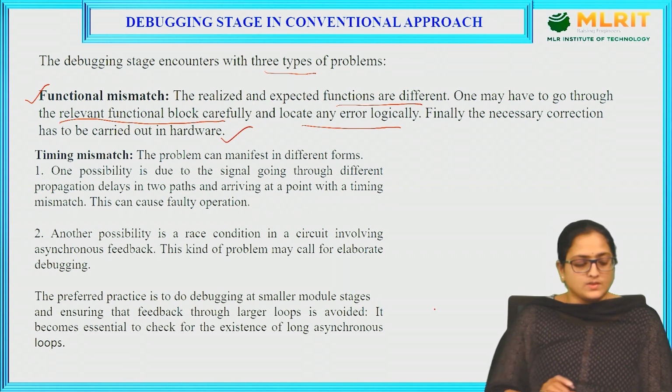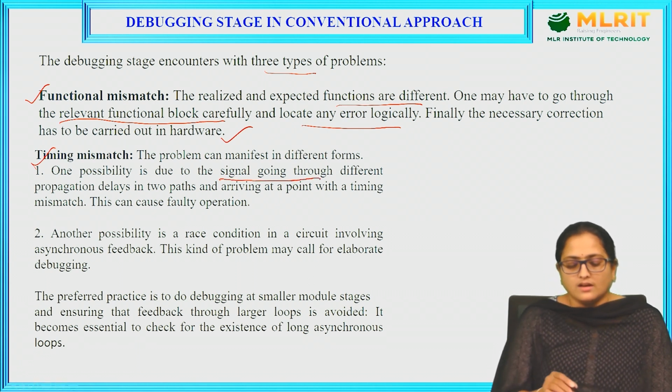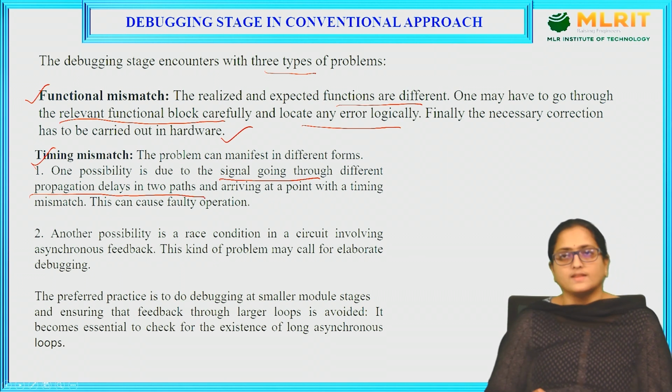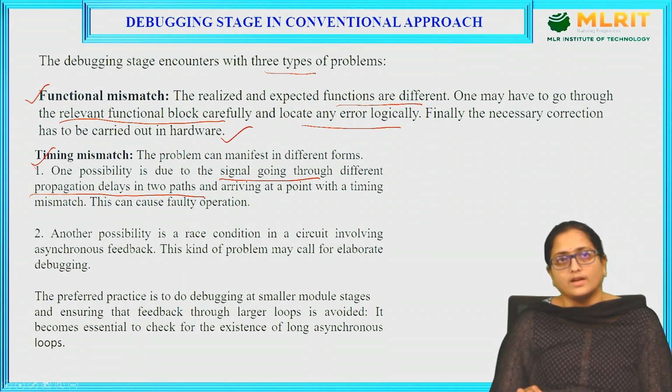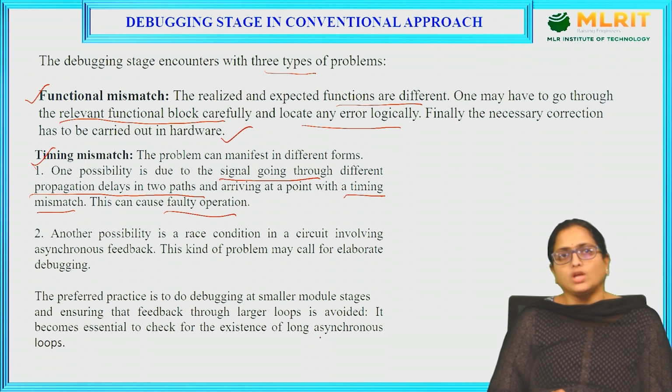The second one is timing mismatch. The problems can be manifested in different forms. The first possibility is due to a signal going through different propagation delays in two paths arriving at the same point with a timing mismatch. This causes a faulty operation.